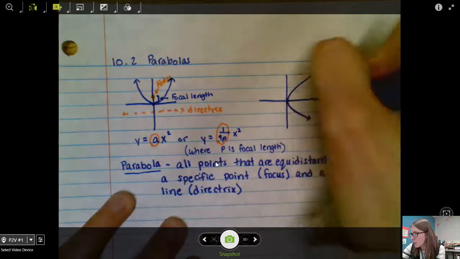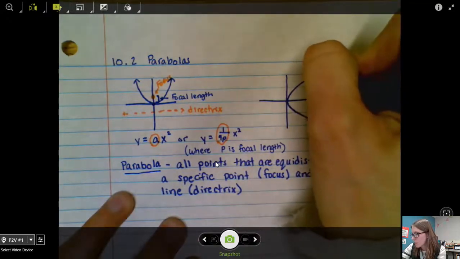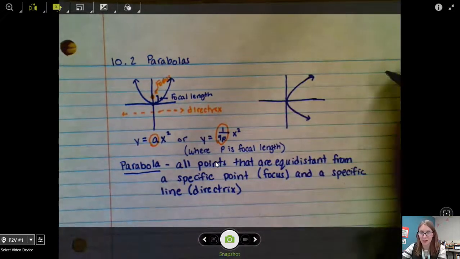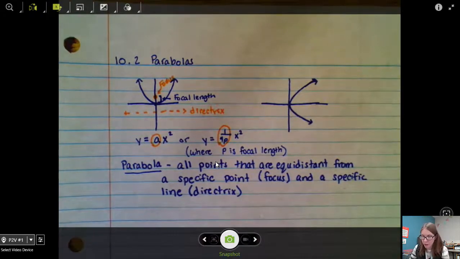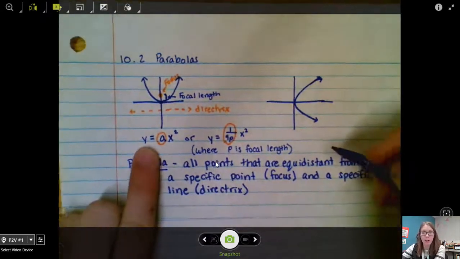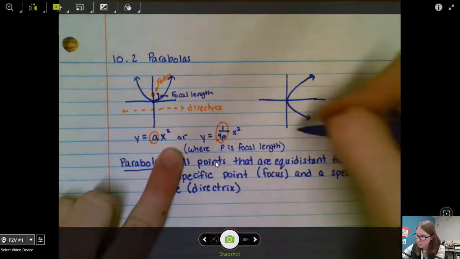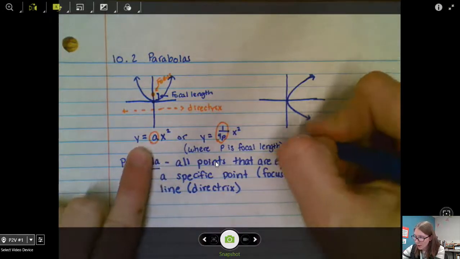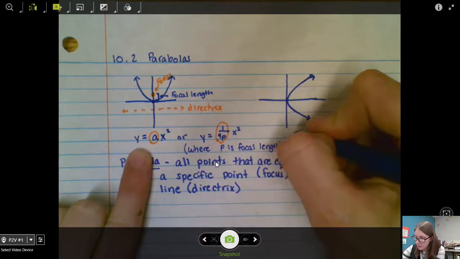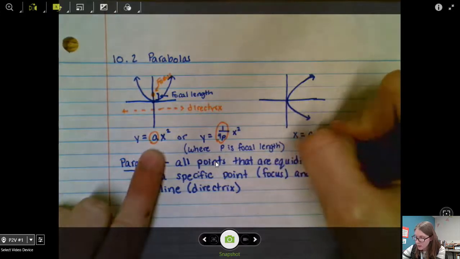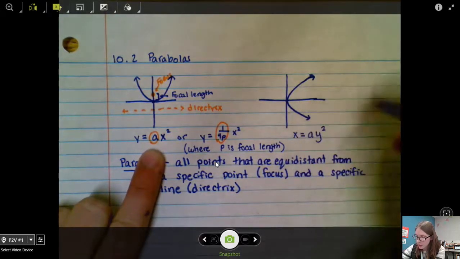They have that same U shape, but just on their side. And these are very closely related to our vertical parabolas too. The only difference is where our vertical parabolas are in the form y equals ax squared, switch those variables around. These sideways parabolas are in the form x equals some number times y squared.